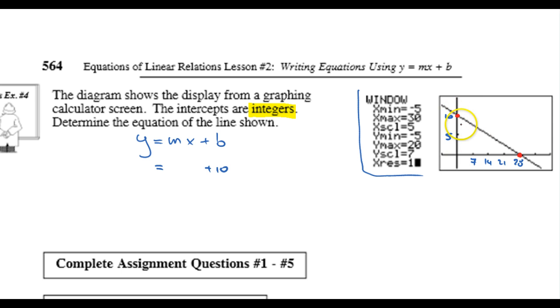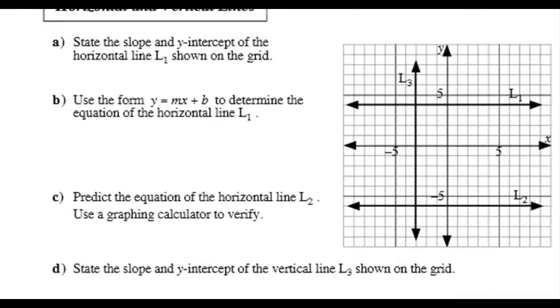Well, the rise is going to be 10 because I dropped 10, and then the run is going to be 28. And again, be careful to get your signs correct, as it is negative 10 over 28. And you always want to simplify that. So divide both by 2, and it's going to be negative 5 over 14 x plus 10.